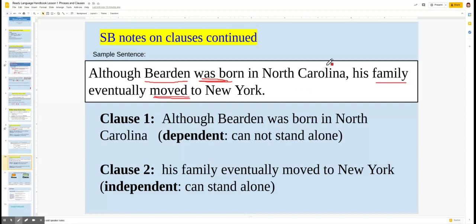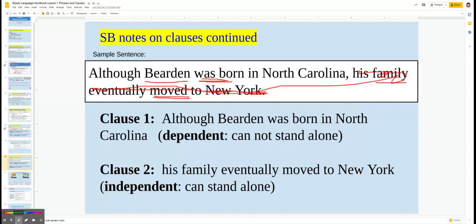So if we scratched all this out, and we just simply read, although Bearden was born in North Carolina, if that's all I said, what about it? Where's the rest of it? He needs help, okay?